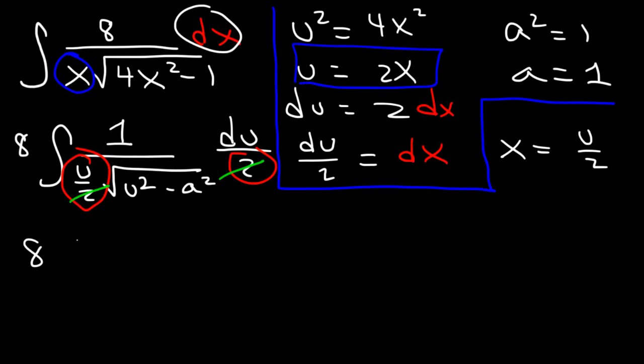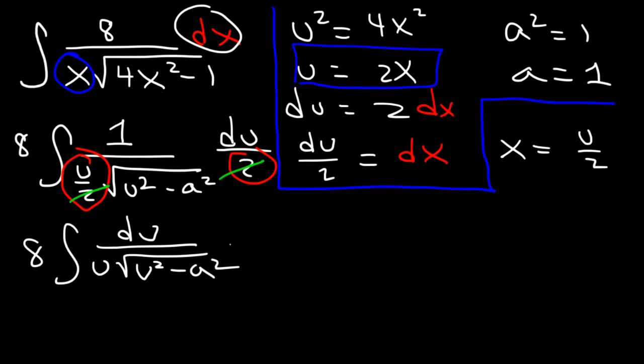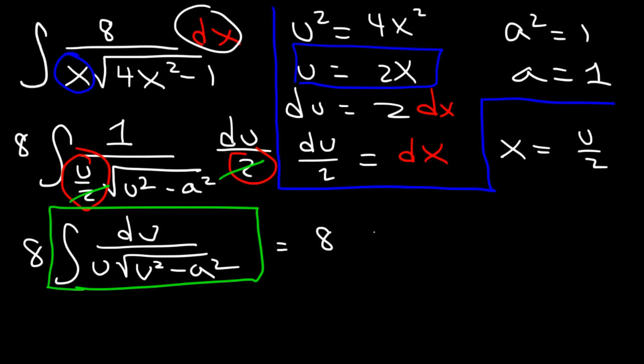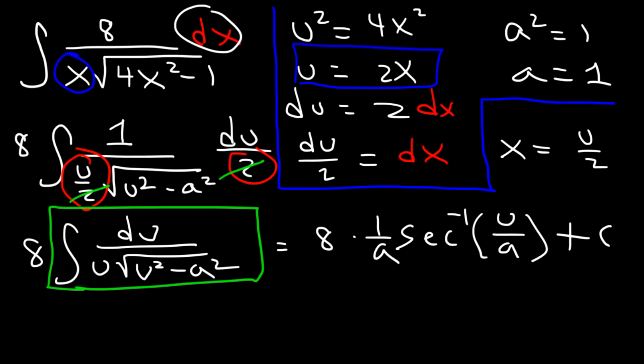So now we have 8 integration du over u square root u squared minus a squared. Now this formula we know it's arcsecant. It's going to be 8 times 1 over a arcsecant u over a plus c.